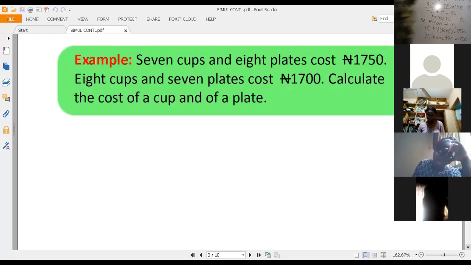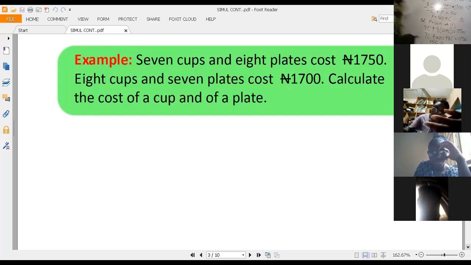All right. So doing that, 7C plus 8C will give us 15C, which equals 400 plus 1750. Moving 400 to the right hand side will become negative 400, or you can say to both sides of the equation, subtract 400.